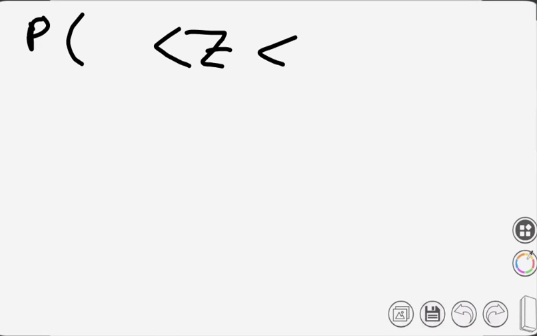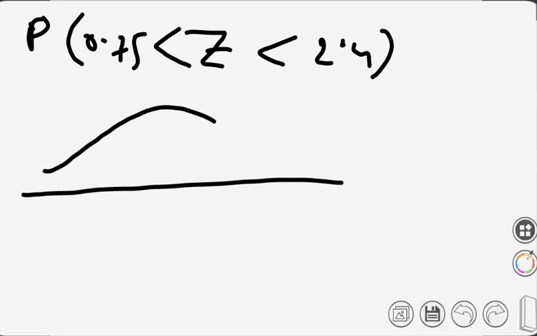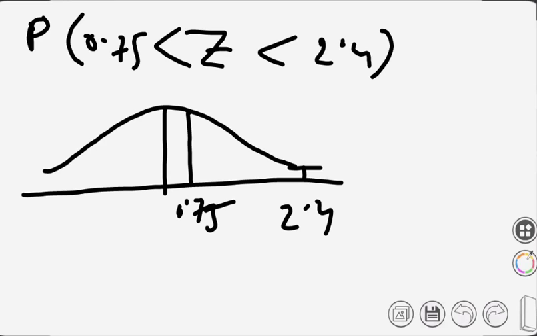So we are trying to find the probability between 0.75 and 2.4. We have already drawn it. This point is 0.75 and this point is 2.4.